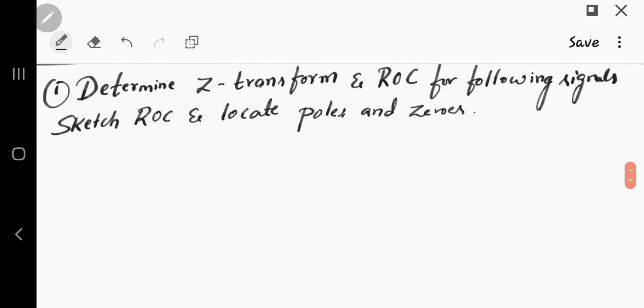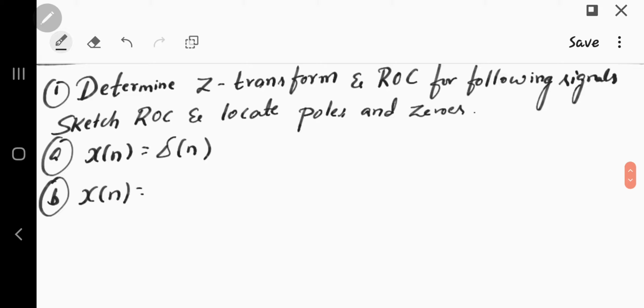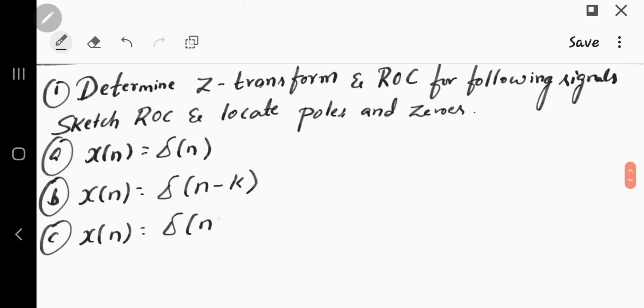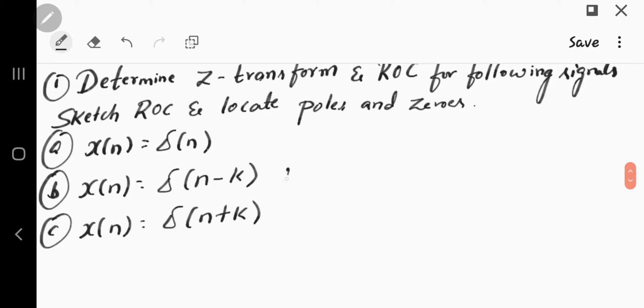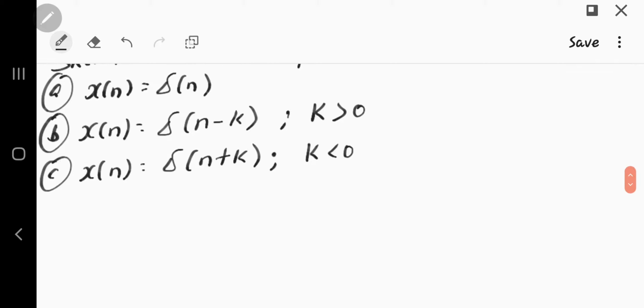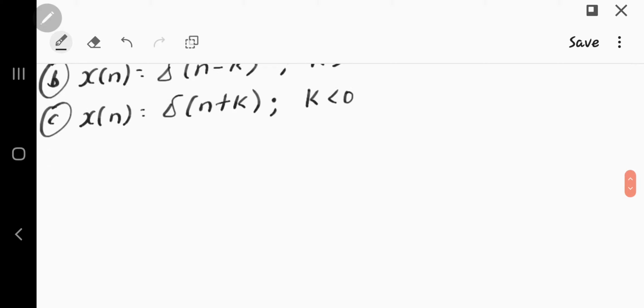So this is the problem, and the first one given is x of n is equal to delta n. Second one is x of n is equal to delta n minus k. Third one, x of n is equal to delta n plus k. Here they have given that k is greater than 0, and here k is less than 0. So this is the problem.